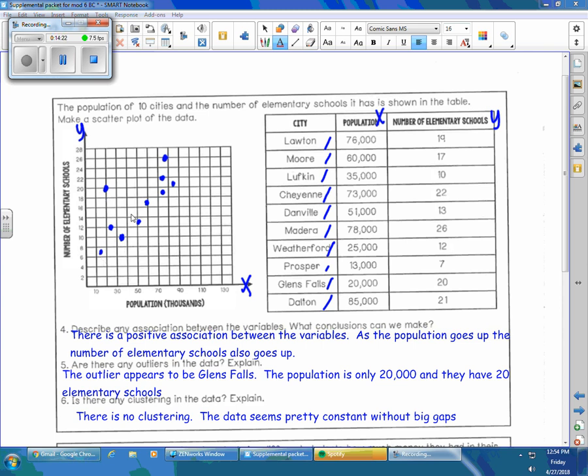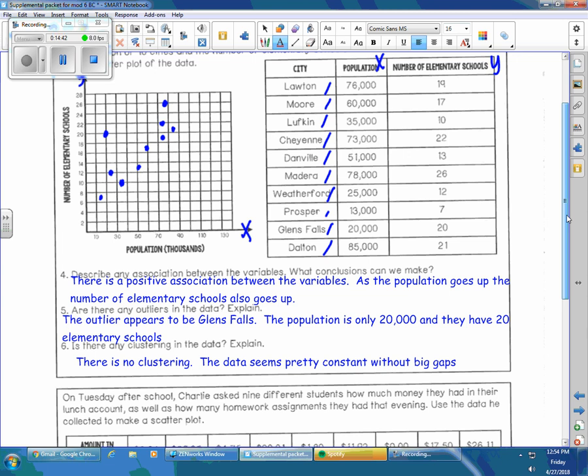It seems that if they were fitting the trend, they would have much fewer schools, maybe like half as many. Is there any clustering? Meaning, is there just a group of data and then a big gap and then another group of data? And no, it's pretty consistent without the big gaps. So I would say that there is no clustering going on in this particular group of data.